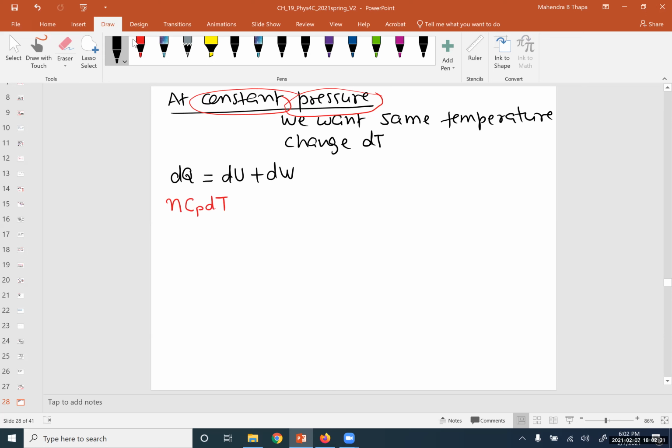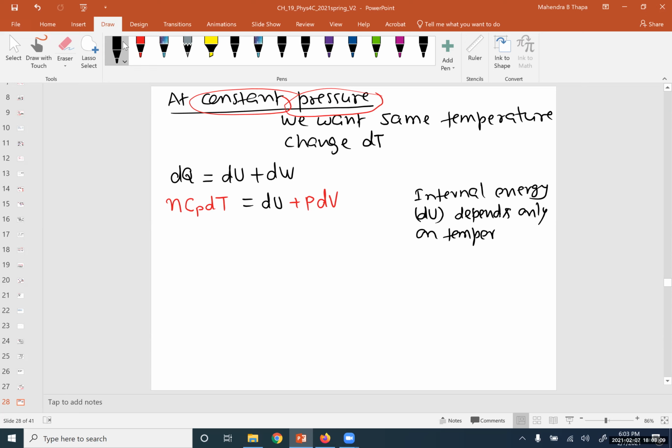Then we can write dU plus p dV. We know from before that the internal energy, in this case dU, depends only on the temperature.